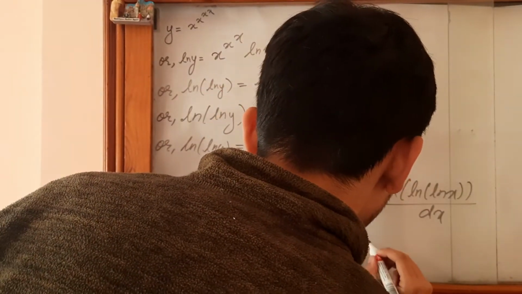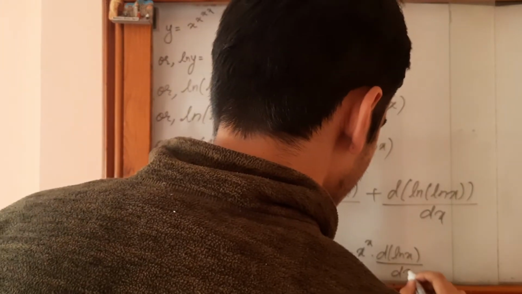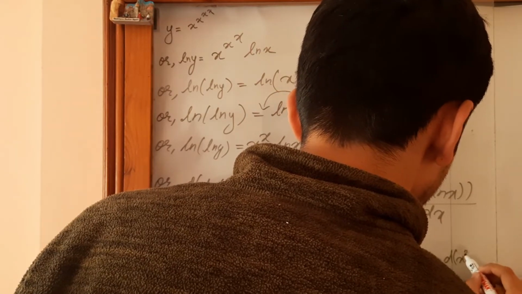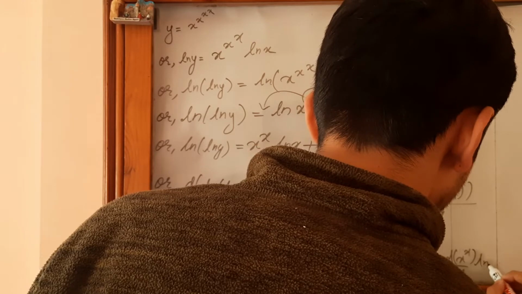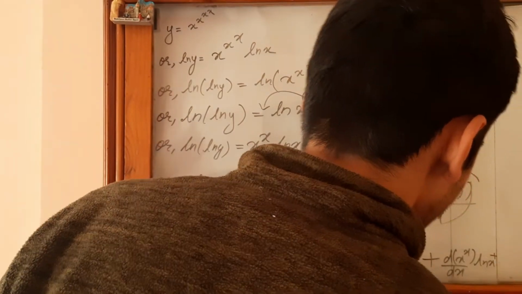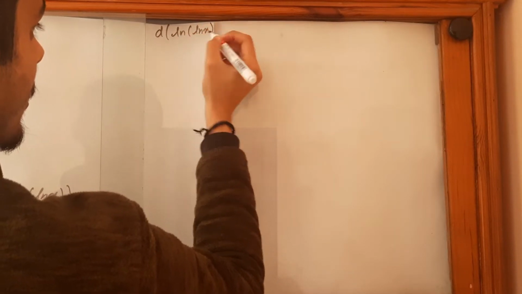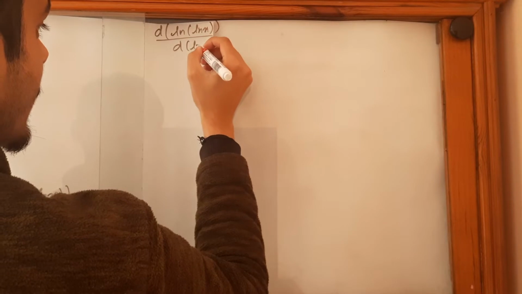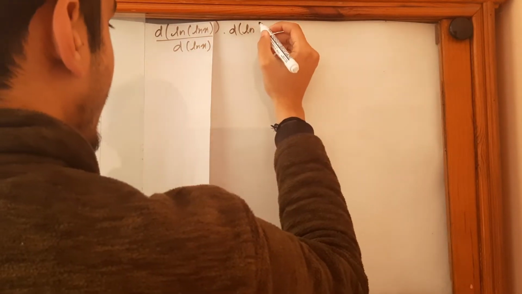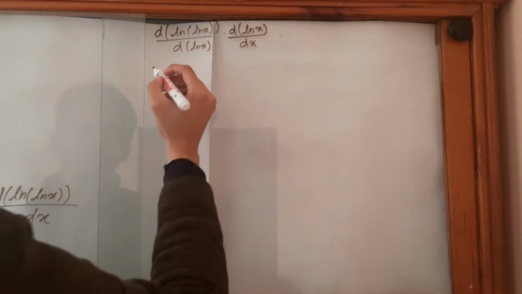So x to the power x comes forward, and for this one, let's go over here with an addition sign, with respect to ln x, and that with respect to x again. So now it's just about differentiating.